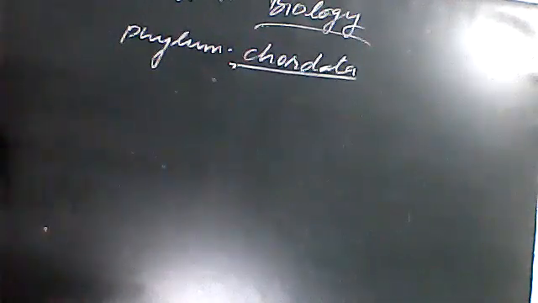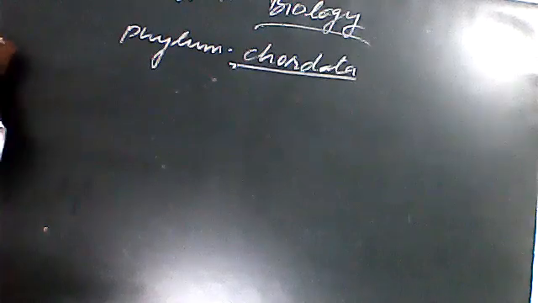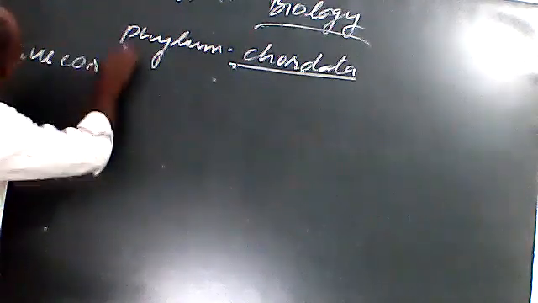Let us see the characters of chordates. There are four very important characteristics. The first one is the nerve cord.